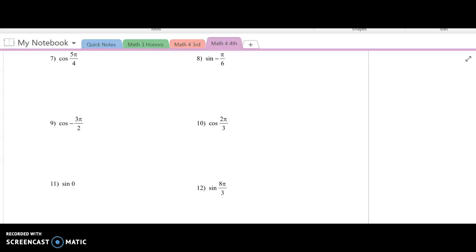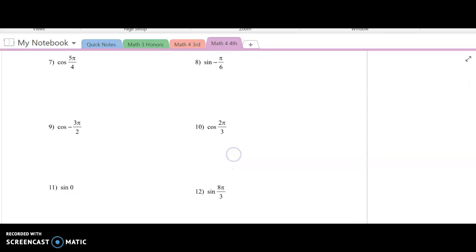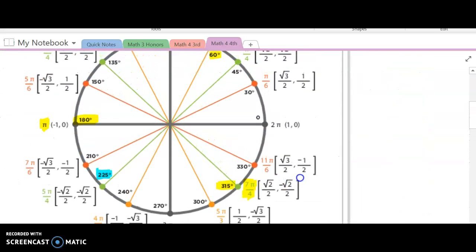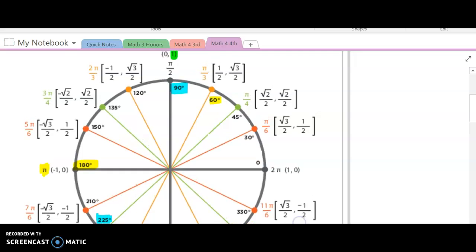All right. So for this next part, it's very similar to degrees, nothing too crazy. So let's do number 7. So cosine of 5 pi over 4. So 5 pi over 4 again is our where, and cosine is our what. So remember, cosine is going to be my x value. So 5 pi over 4, we're literally going to find that on the unit circle. So pi over 6, pi over 4, pi over 3, pi over 2, 2 pi over 3, 5 pi over 6.